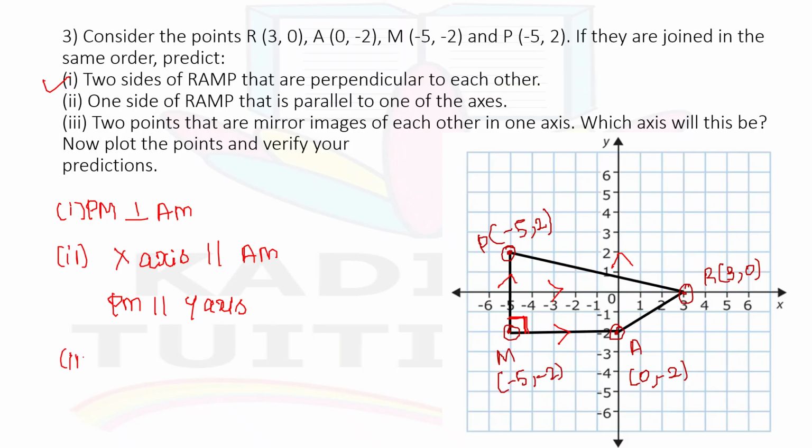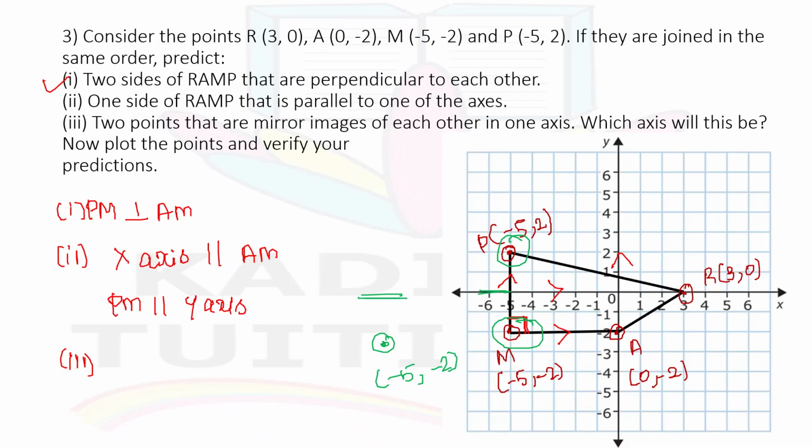And our third question is, two points that are mirror images of each other in one axis. Can you predict, is there any mirror image? Okay, so yes, I can define these two as the mirror images. See, this M point and P point are both mirror images with respect to the x-axis. Consider your x-axis as a mirror. Here there is one point (-5, -2).